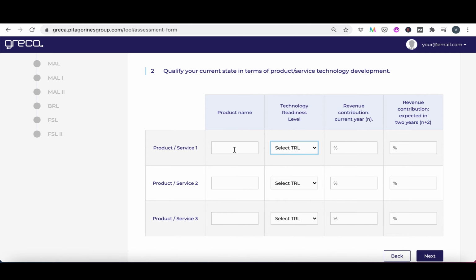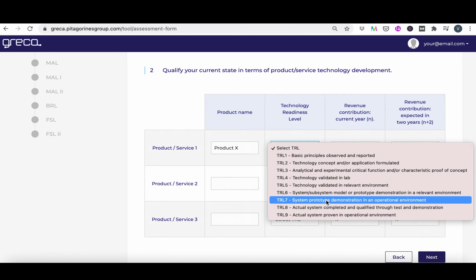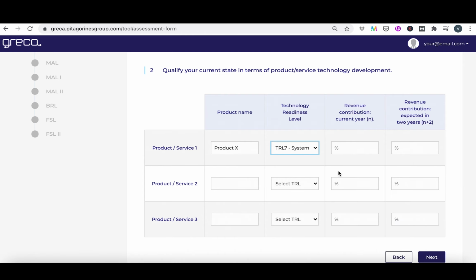In this case, we're going to assume that we have a product X at a TRL 7. That is, that we have a prototype that has been tested in an operational environment, such as a sample of potential future consumers.